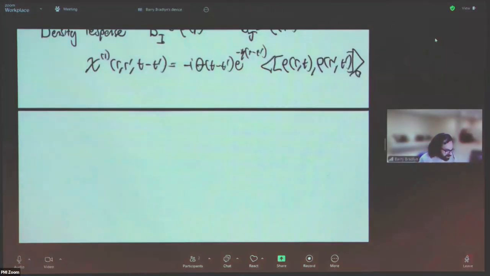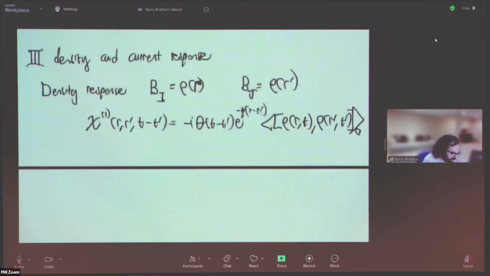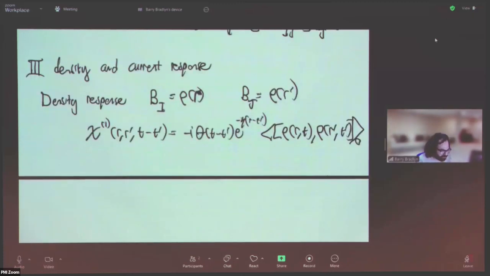And if we write this, then just like we went to frequency space for time difference here, we can go to momentum space to look at how the response of one Fourier component of the density depends on a different Fourier component of the perturbation.